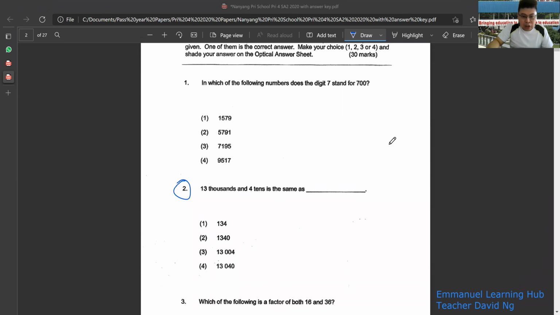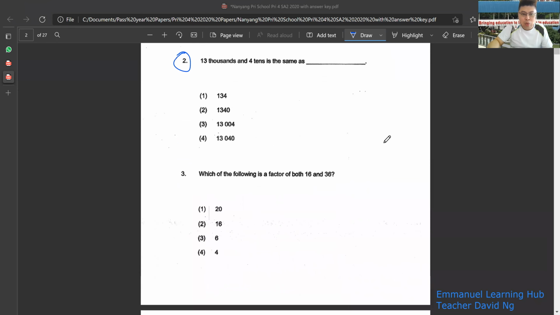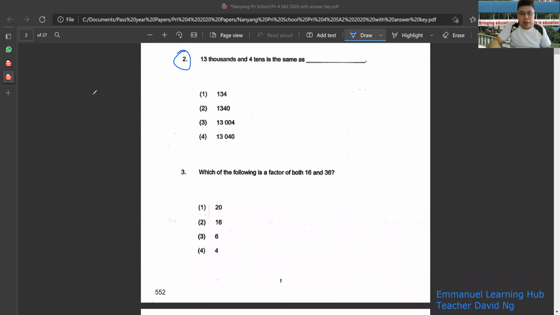Okay, the first question I'm going to go through is question 2. He asked that 13,410 is the same as... Okay, 13,000. What is 13,000? 13,000 is 13 with 0... 13 with 30.